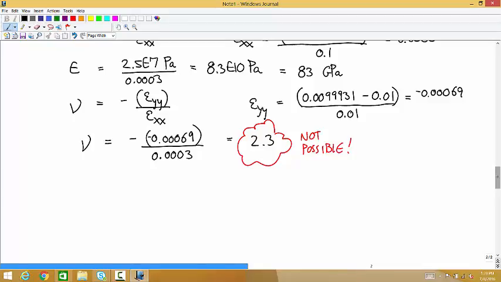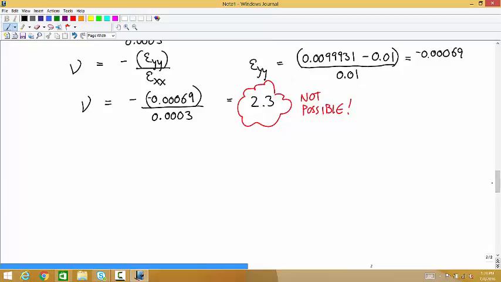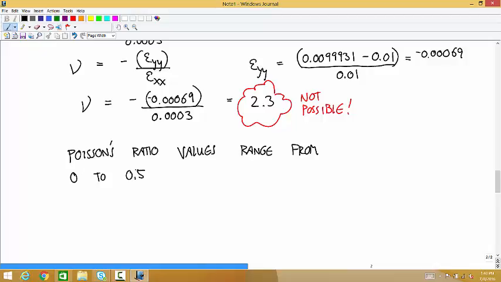Okay, so Poisson's ratio values can only range between 0 and positive 0.5.